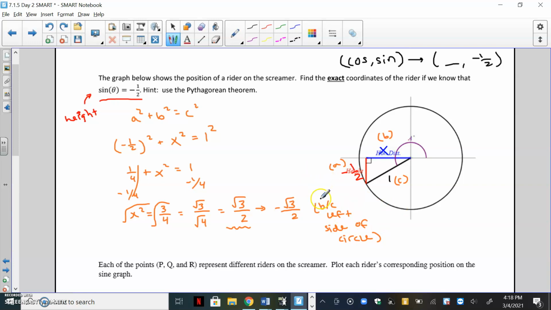All right, so my final answer then would be -√3 over 2 and a -1/2. This is exactly how you would write your answer.